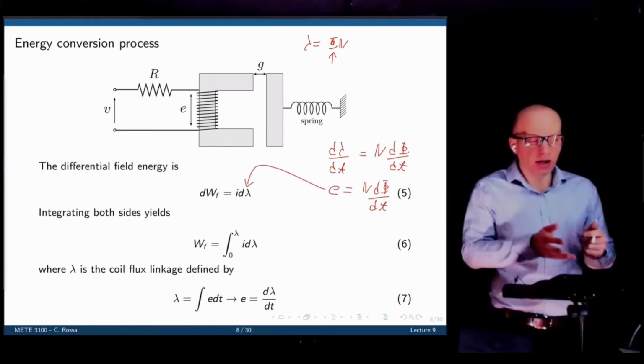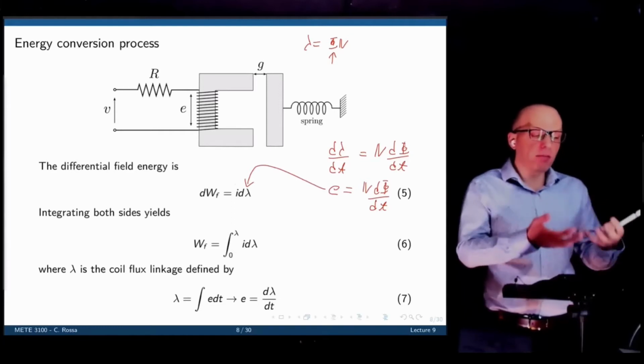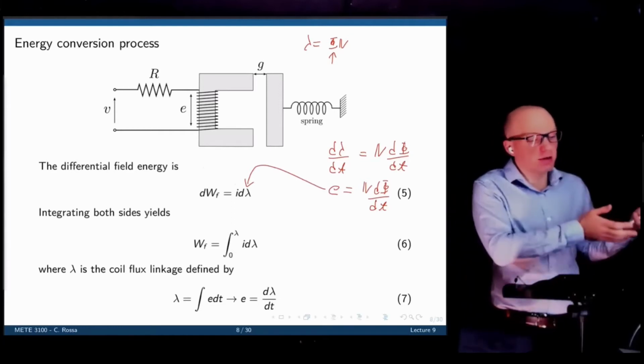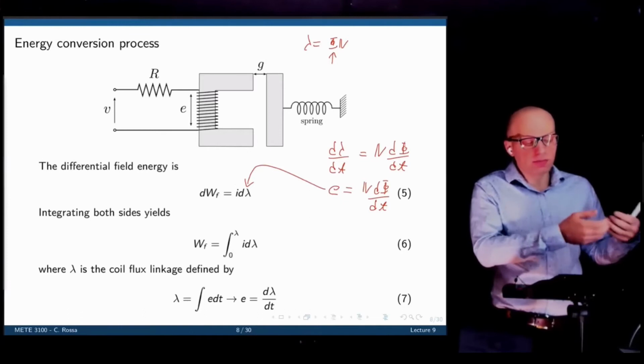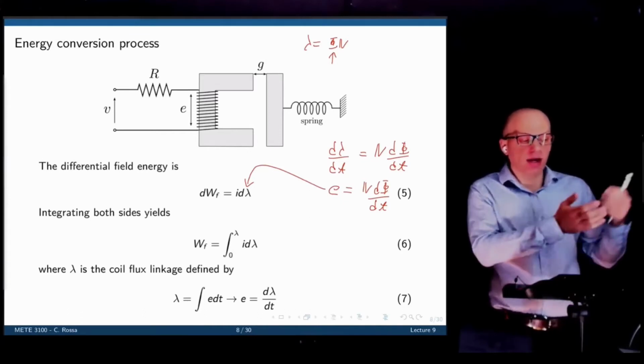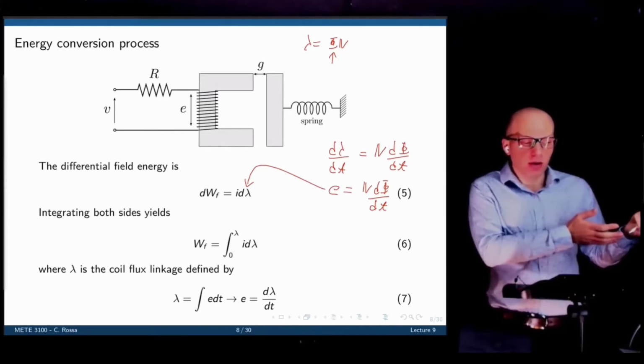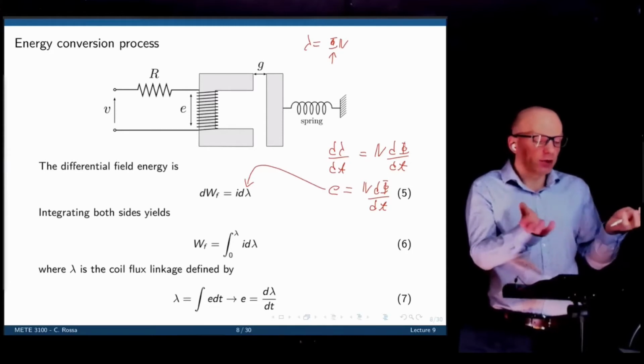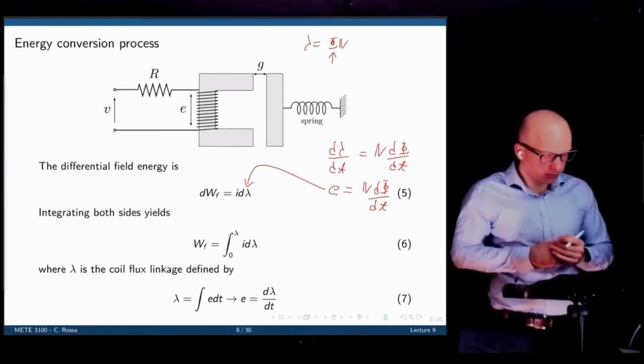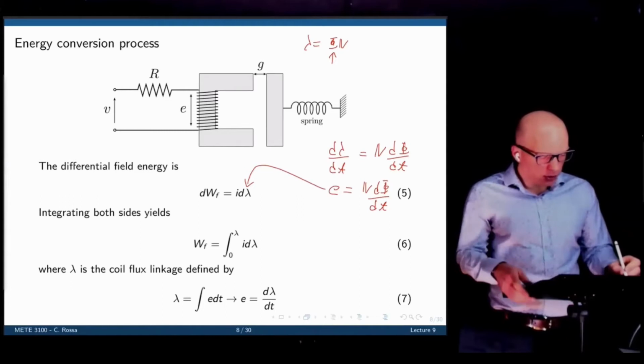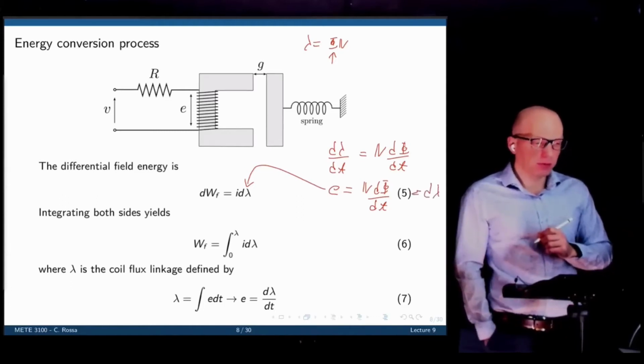Here we have I times the EMF, and the EMF is the derivative of the magnetic flux over time times the number of turns in the coil. And that is equivalent, as the equation here shows, to d lambda, the derivative of the flux linkage.